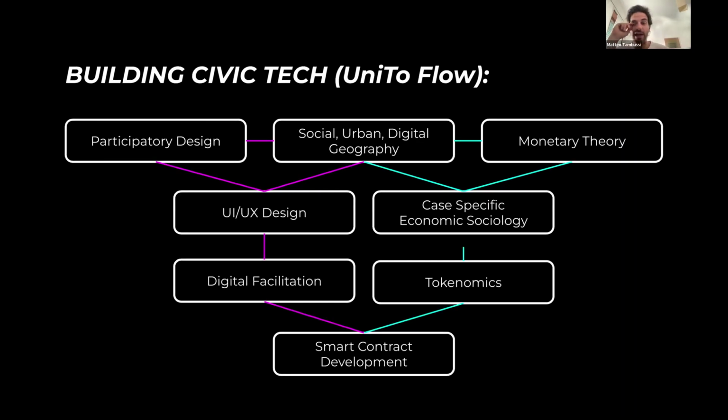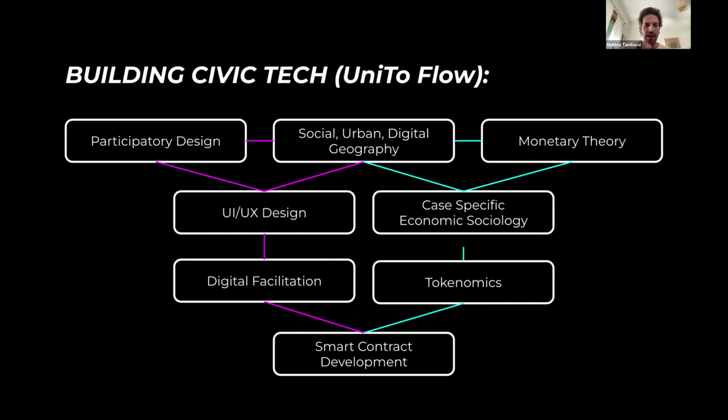So, building civic tech. I'm borrowing this flow from the University of Turin, which has developed an interesting application that I'll show you later. As we talk about civic tech, we need, as Erin said within the human design concept earlier, to start with participatory design and a grasp of the social, urban, and digital geography of users, and a bit of monetary theory.